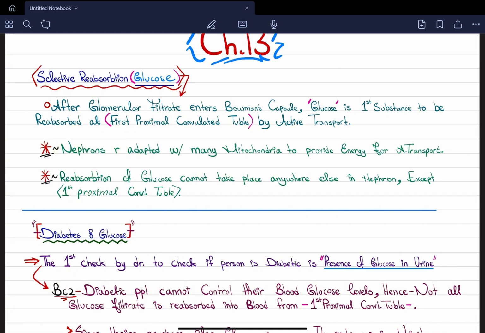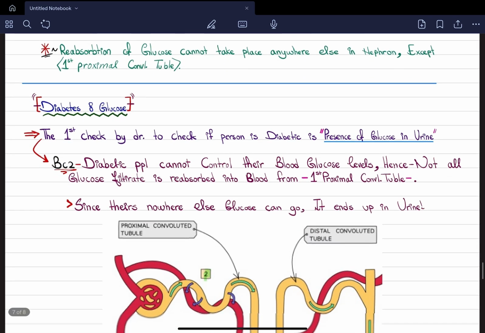Glucose molecules are too big to be transported by diffusion, and they need energy, so energy from respiration and carrier proteins reabsorb glucose using active transport. Nephrons are adapted with many mitochondria to provide enough energy for this. Reabsorption of glucose cannot take place anywhere else in the nephron except the first proximal convoluted tubule.